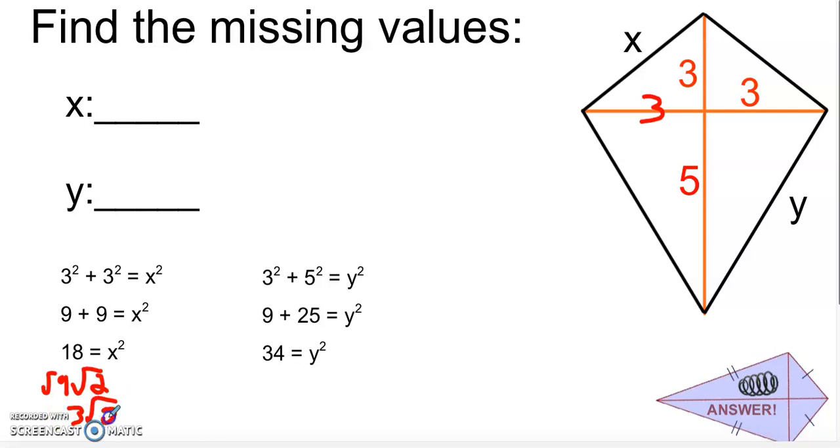So again, the world famous 45, 45, 90 triangle roadmap says that the hypotenuse is square root of 2 times the leg. So this is 3 square root of 2 for x. And then for y, I've got the square root of 34, and I can't simplify that. The square root of 34, there's no perfect square that goes into it, so it's just square root of 34.